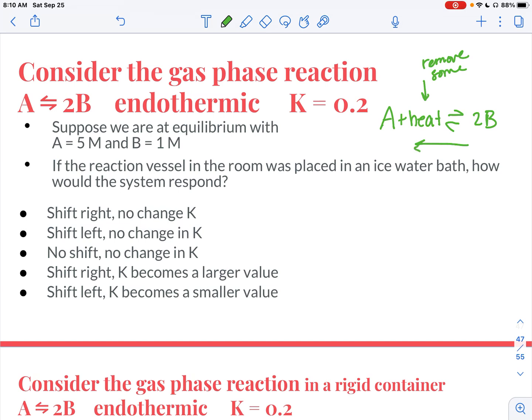Okay, now this doesn't fit into our K and Q expressions because we wouldn't put temperature in there, but you can use the same basic idea and the rationale we've been using. We know that if we removed some of a reactant, we would need to make more of that reactant to keep the ratio the same, right? So if we pretend that heat is a reactant, we can easily just think of it that way.